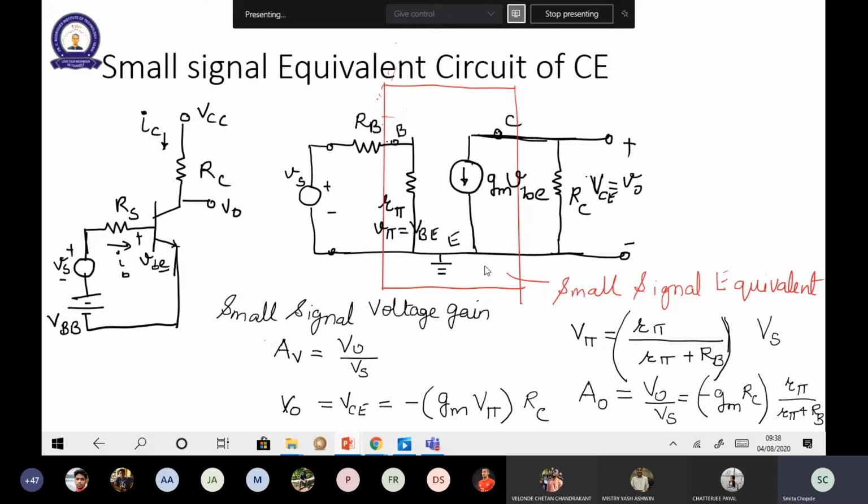When I was displaying the syllabus content, you might have come across the hybrid pi model, then the RE model, R pi model. So it is an R pi model. Okay, can we move ahead?